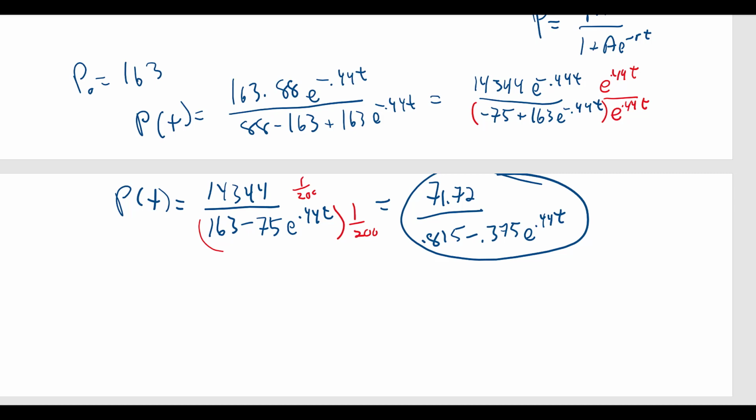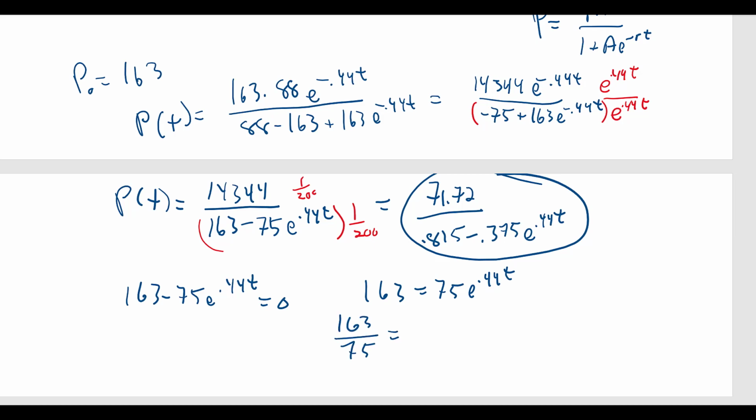It increases without bound when the denominator, this 163 minus 75 e to the 0.44t, is 0. So that's where 163 equals 75 e to the 0.44t, or 163 divided by 75 equals e to the 0.44t.